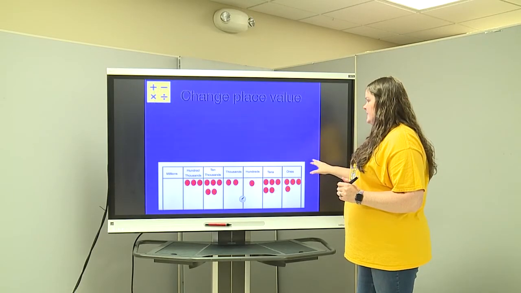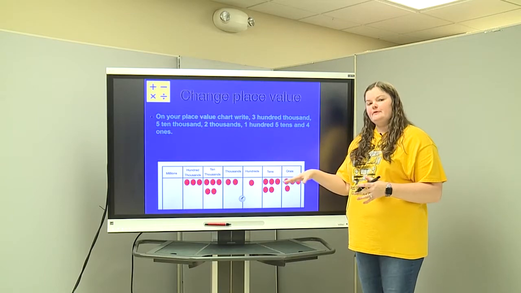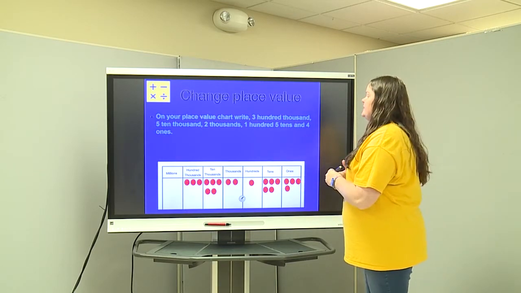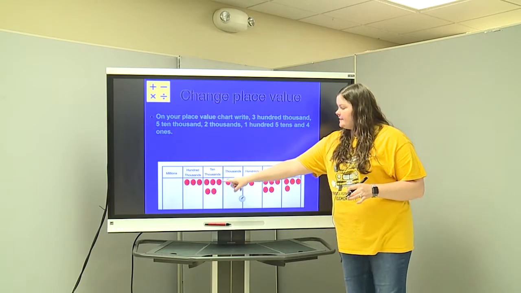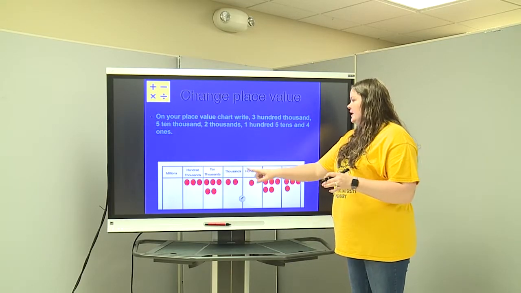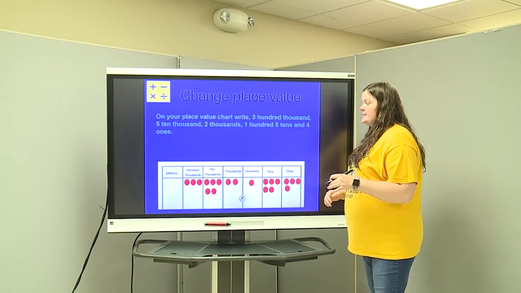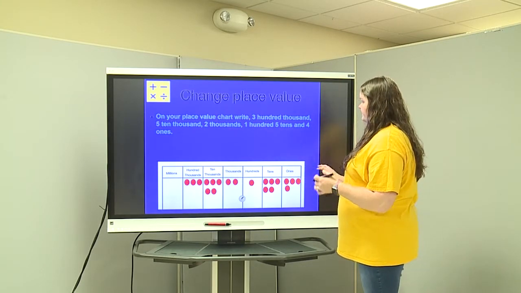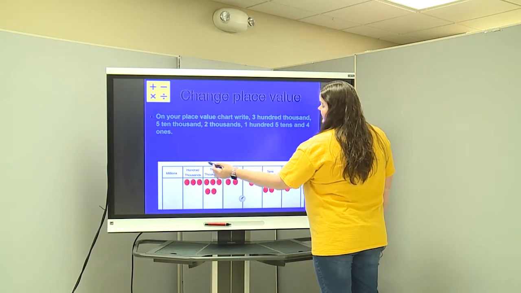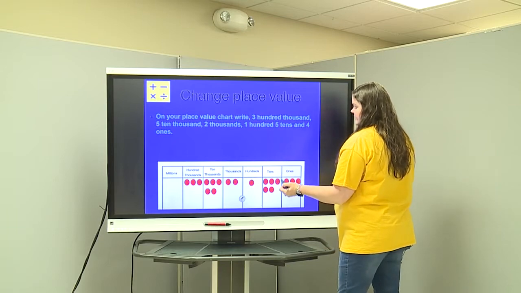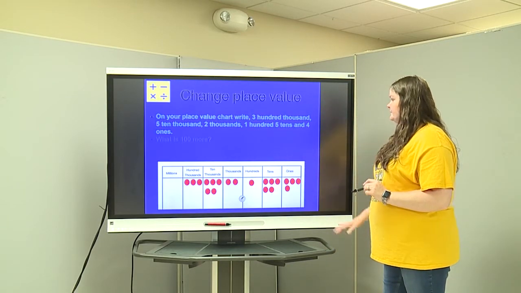Let's move into our fluency. Okay, so on our place value chart that I've provided for you with the place value discs, we have represented 3 100,000s, excuse me, 5 10,000s, 2 1,000s, 1 100, 5 10s, and 4 ones. So we've made a number of 352,154.